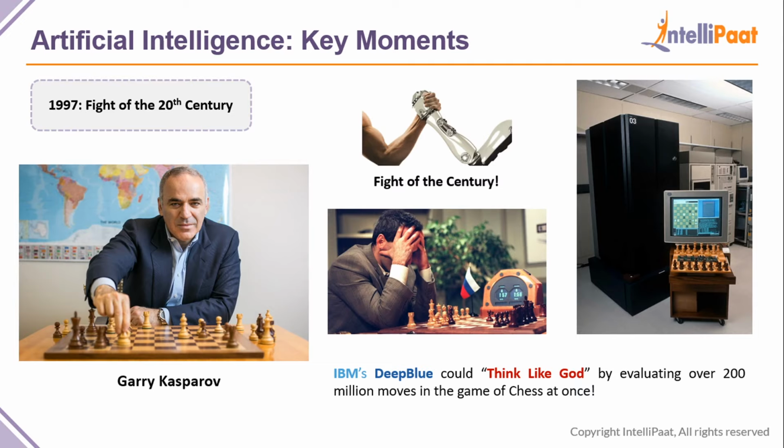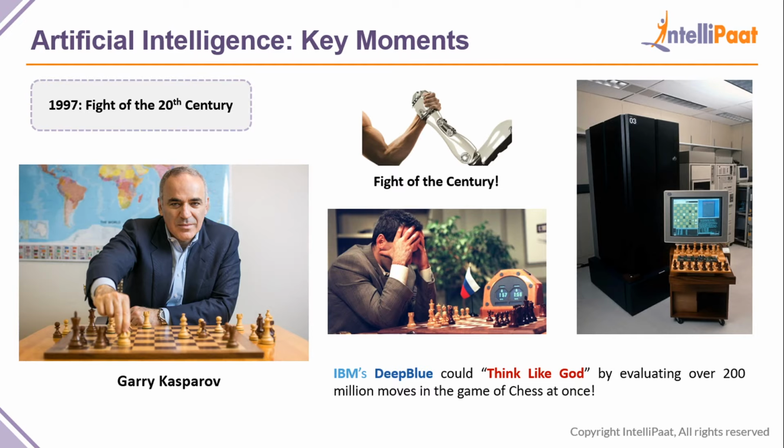So basically what the people at IBM did was they created a supercomputer, called it Deep Blue. And people actually had this notion about Deep Blue that it can think like God. Think about it, they're attributing stuff to a computer, saying it can think like God. That is how strong Deep Blue was. You can see a picture of Deep Blue on the right side. It's a huge black tower which is standing there.